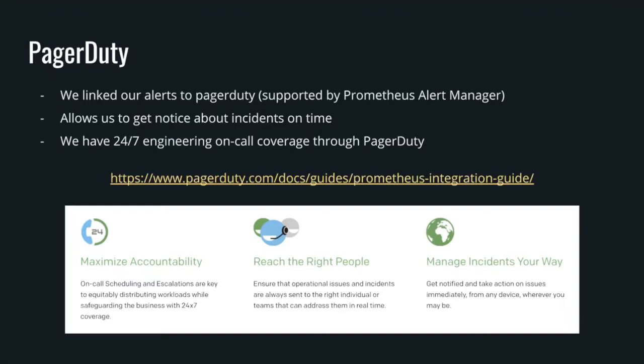You just set up a token in your Prometheus and send the alert to PagerDuty, and PagerDuty allows you to set up your team members and the way you want to be notified. They have the app. They will call you, send a message, email you. They will find any way to wake you up in the night when your service goes down.